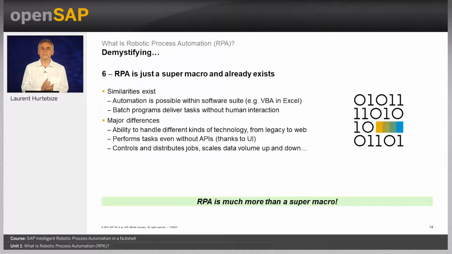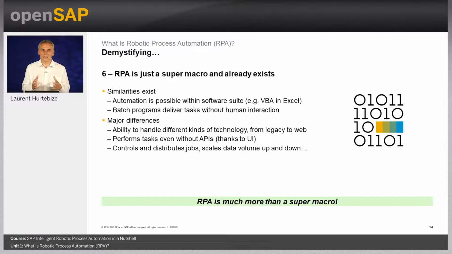The key point is that an RPA tool automates multiple applications, even old legacy and COBOL stuff, such as web, Windows, Java, HLL API, and so on, in the same way. A macro is not able to handle a user interface. It's the only solution when APIs don't exist.